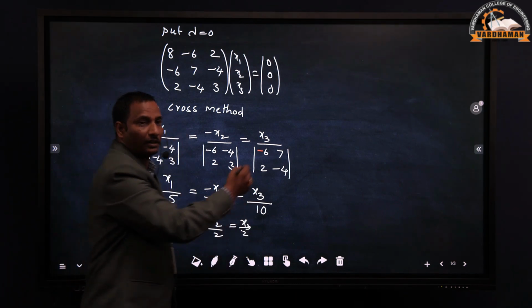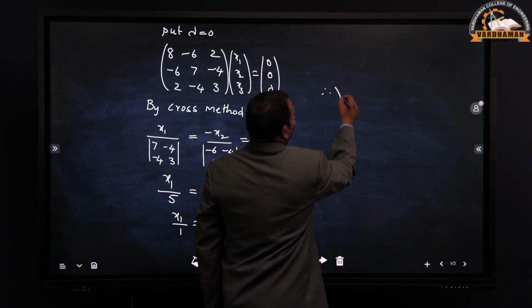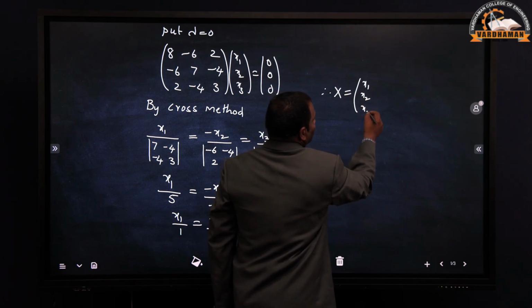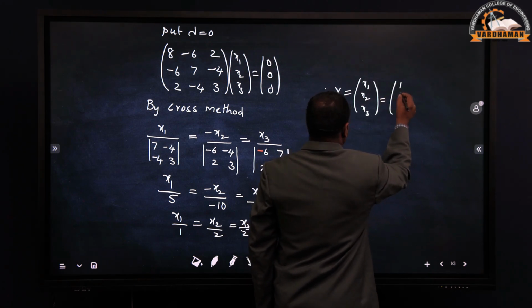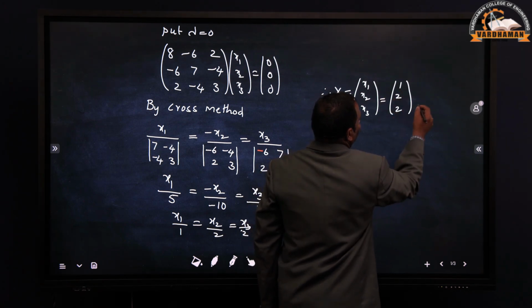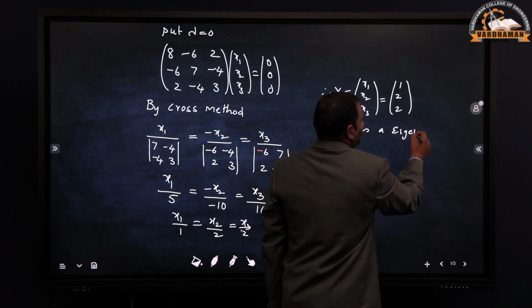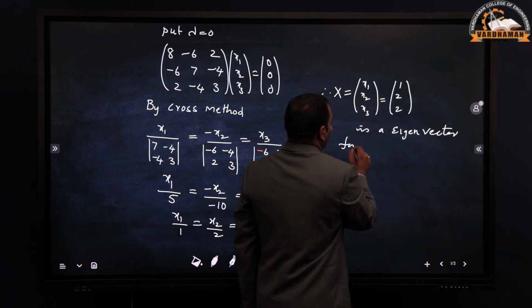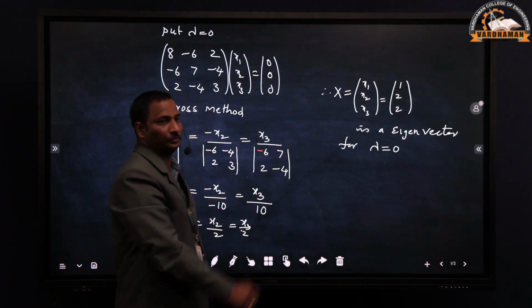So x equals x1, x2, x3 equals 1, 2, 2 is an eigenvector for the eigenvalue lambda equals 0.